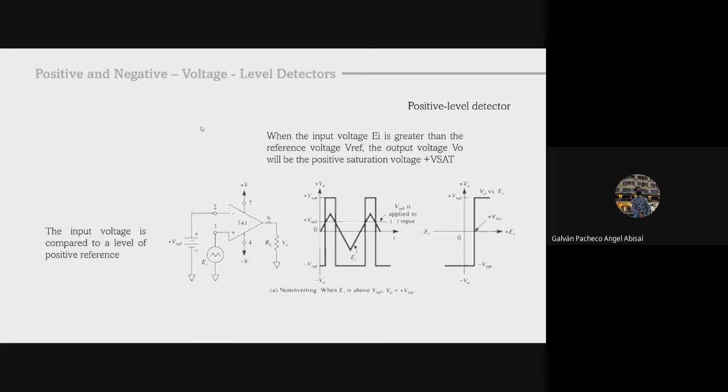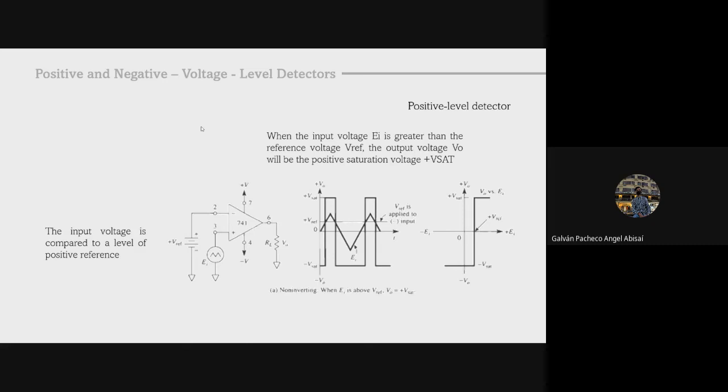In zero crossing detector circuits, the reference level with which the input signal is compared is zero. However, it's possible to compare the input signal with a non-zero reference level, which allows for a better detector with a positive level and negative level detection circuit. In this case, we have a non-inverting positive voltage level detector.